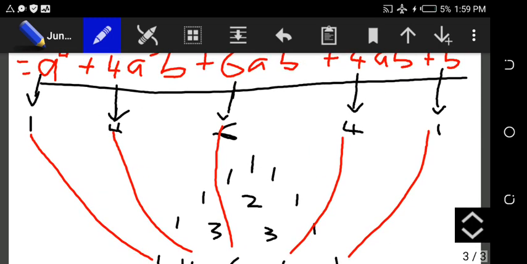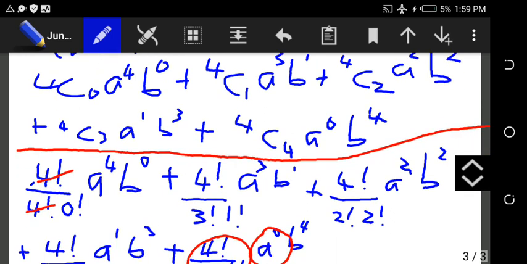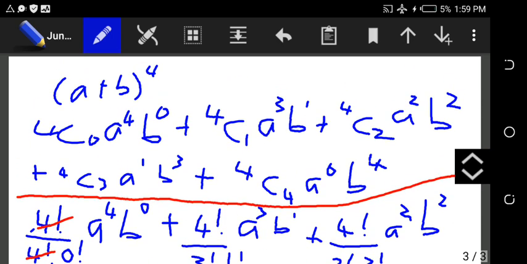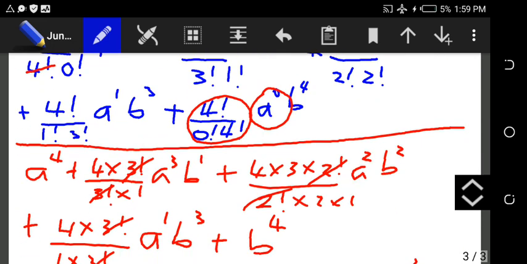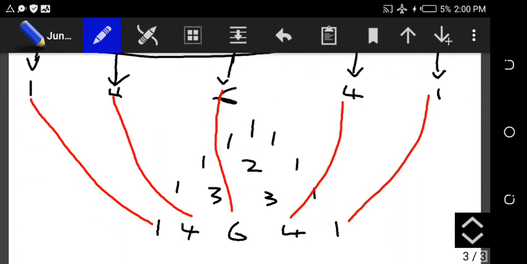It simply means that all these combination values that we have, 4 combination 0, 4 combination 1, 4 combination 2, 4 combination 3, and 4 combination 4, are representatives of the coefficients that we have in the Pascal's triangle: 1, 4, 6, 4, 1. And this holds for every other value in our Pascal's triangle.